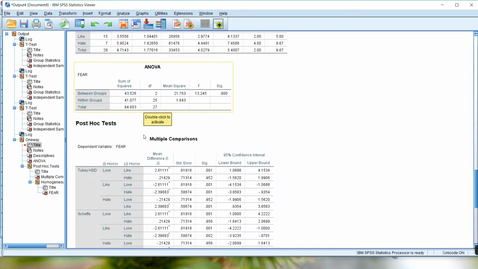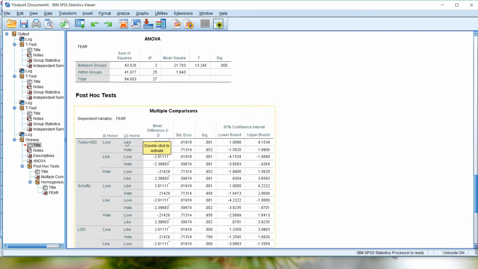All right, and then the only other one we haven't done, because we've looked at love and like, love and hate, we haven't done like and hate. So if you look at like and hate and then follow along, you can see that they are significantly different.